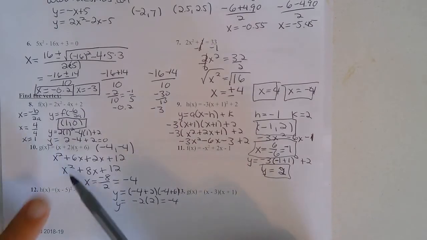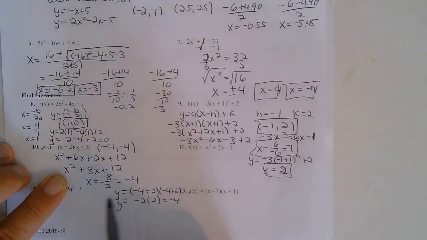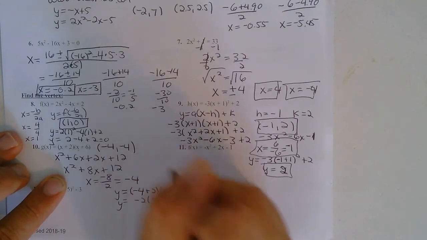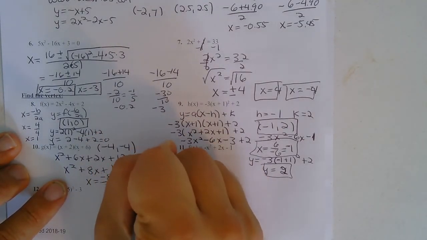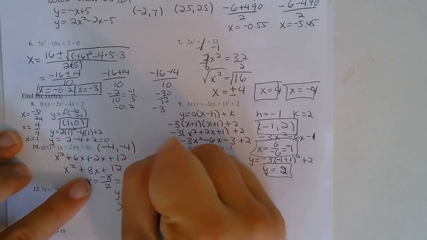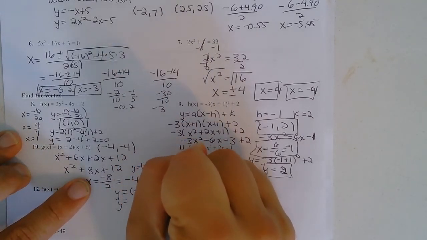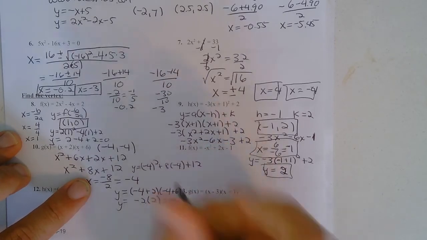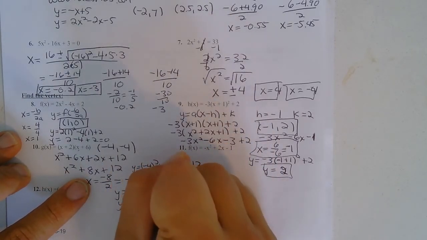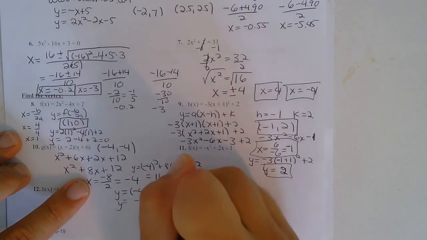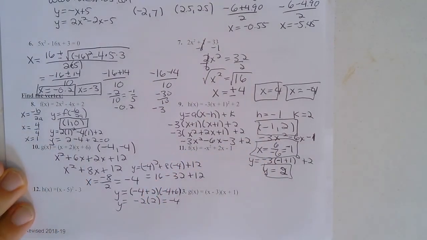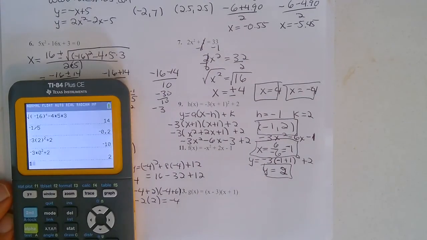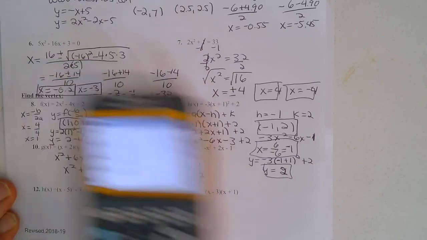And you could also plug that in here and go negative 4 squared plus 8 times negative 4 plus 12. And that also equals 16. And then 8 times negative 4 is minus 32 plus 12. And then 16 minus 32 plus 12 gives us negative 4 as well.